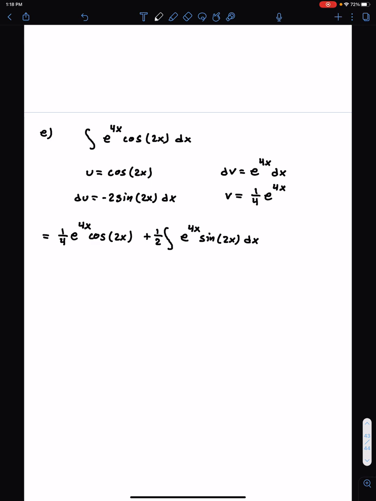If I let u equal the trig function, and then dv is e to the 4x dx.